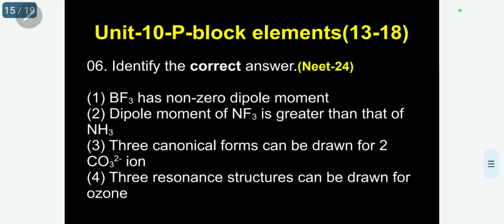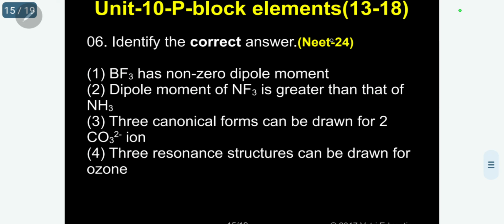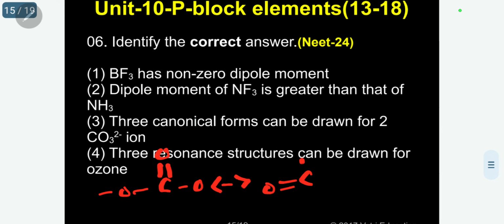So let me draw now 3 resonance structures for the carbonate ion. The first one, let me write now, C double bond O, O minus, O minus. This is one resonance structure. The second one, double bond O minus, O minus.